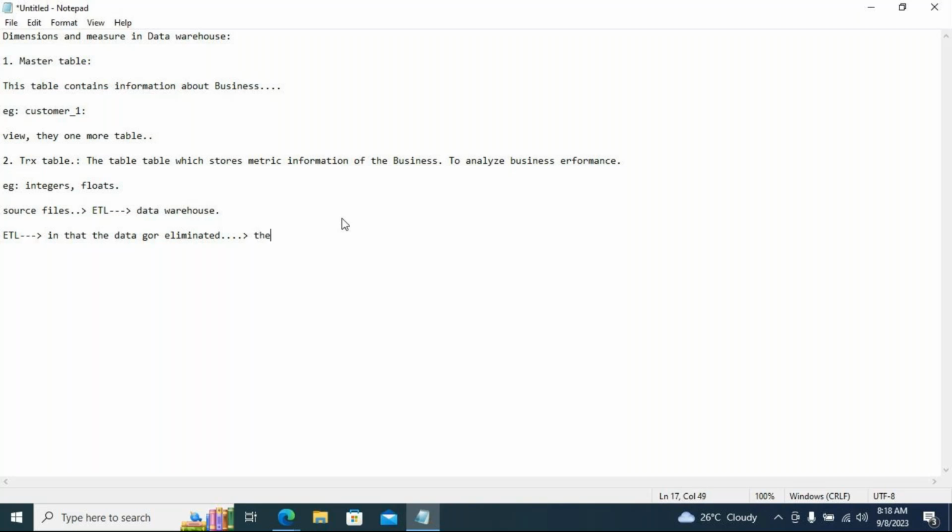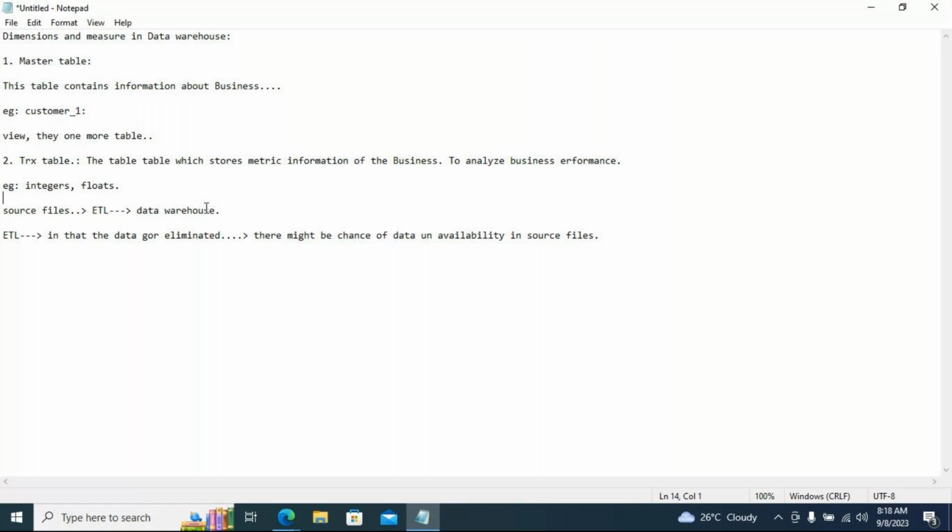Otherwise, there might be data unavailability in the source file itself. This source file is processed through ETL and stored into the warehouse. So there are two ways: either the data got deleted at the ETL level, or the data is not available in the source file. Such scenarios are usually faced by the reporting teams.